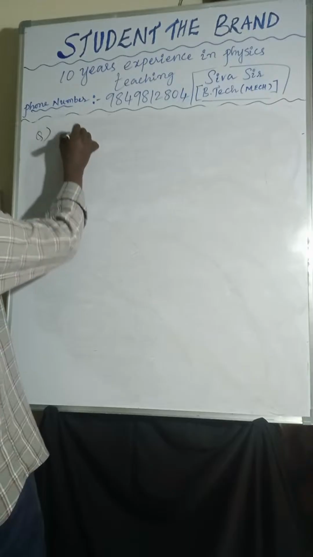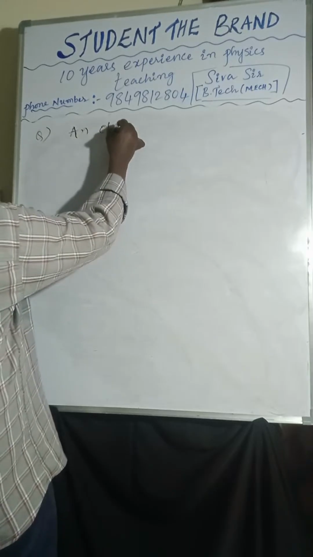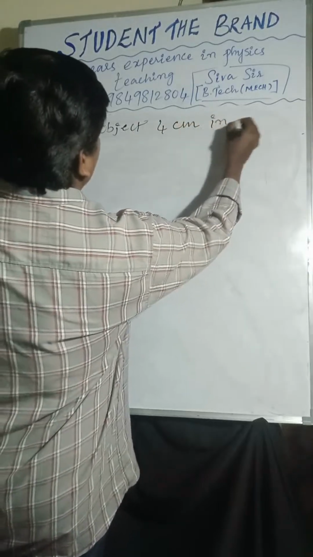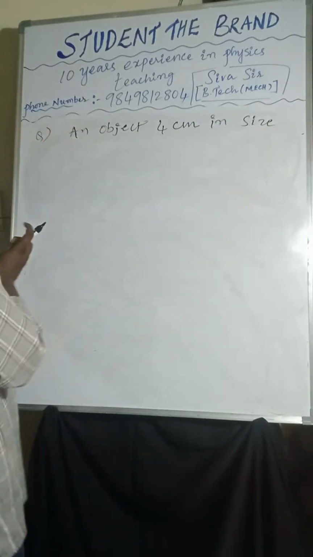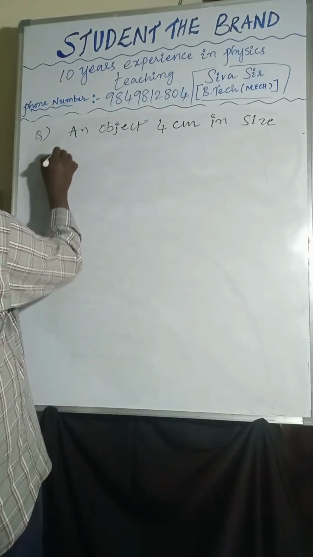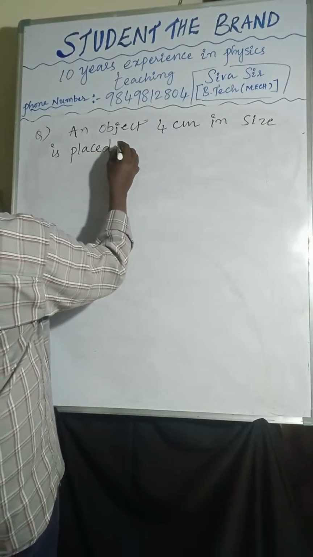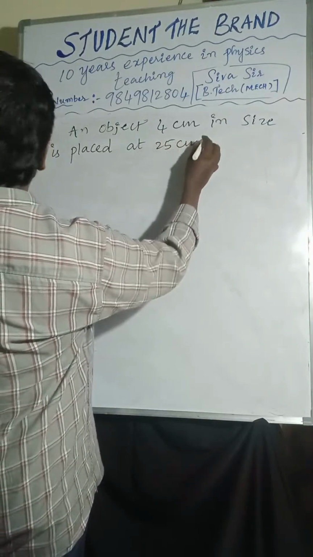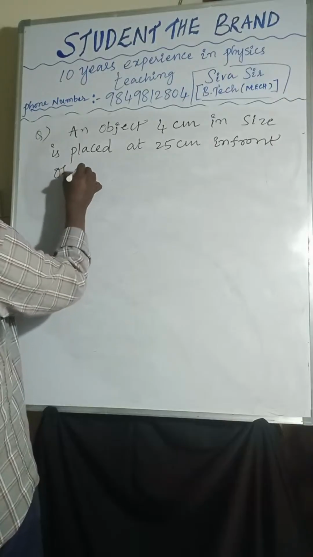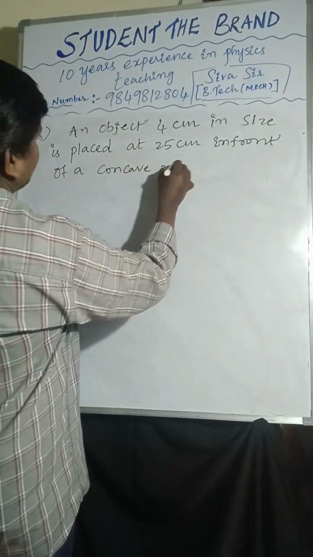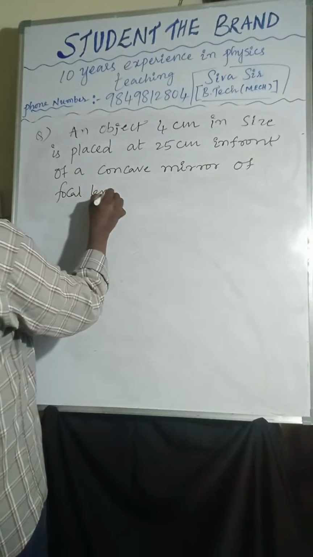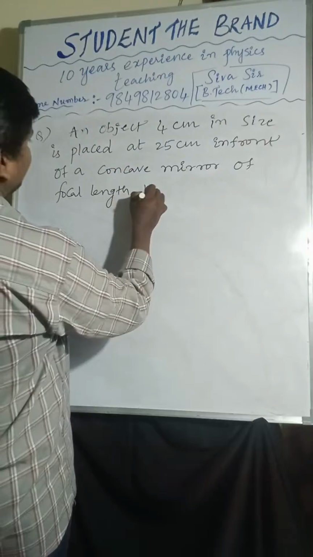Question. An object 4 centimeter in size is placed at 25 centimeter in front of a concave mirror of focal length 15 centimeter.